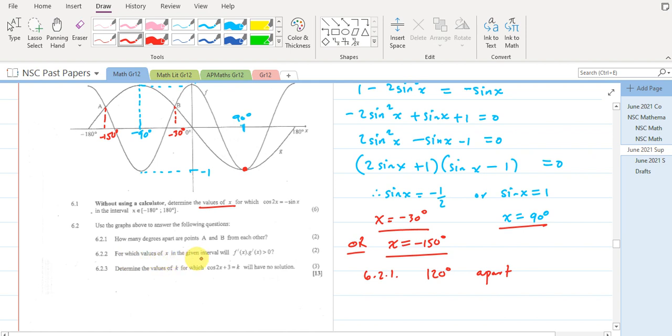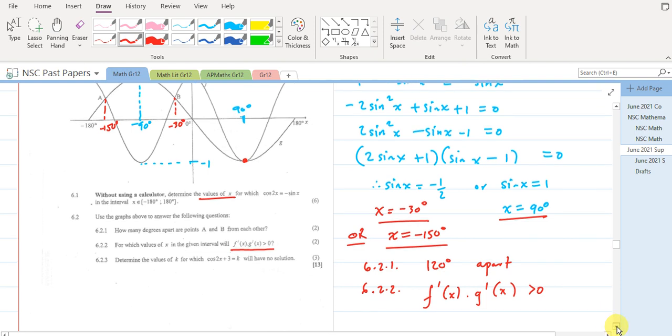For which values of x in the interval will f prime x times g prime x be greater than 0? So we are getting derivatives in paper 2, which is good news. So 6.2.2, what does f prime x times g prime x greater than 0 mean?